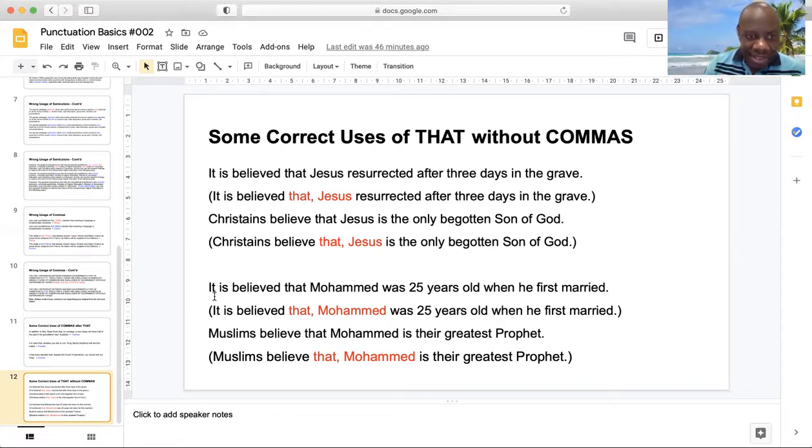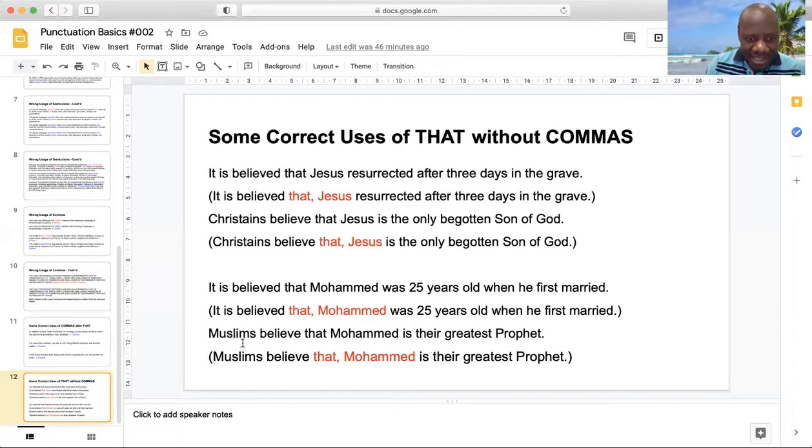Okay. Third example: it is believed that Muhammad was 25 years old when he first married Khadija. If you say it is believed that and you put a comma, Muhammad was 25 years old when he first married, this sentence becomes wrong, because you cut off the subject and verb from the object. You have made the object incomplete.